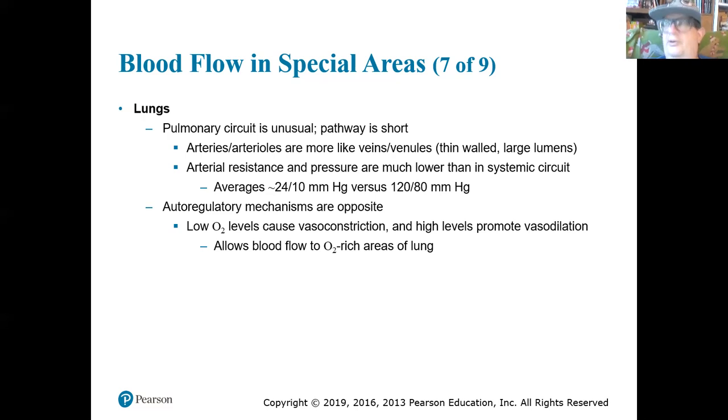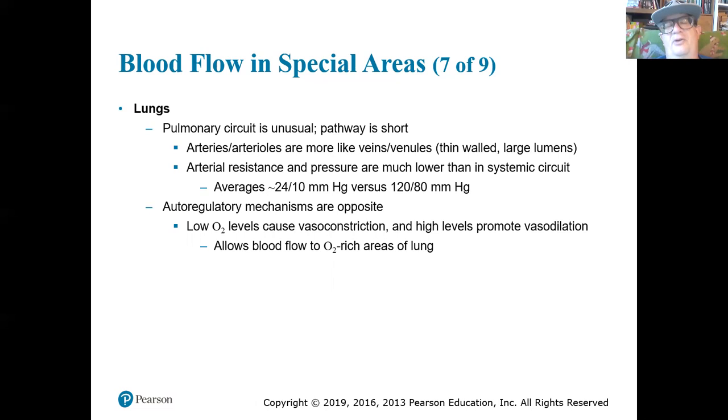Why? Well, it's real important we get blood to flow through the lungs real nice so we can oxygenate it. So autoregulatory mechanisms are opposite of what you would expect. Low oxygen causes vasoconstriction. High levels promote vasodilation. What? Well, actually, it makes perfect sense.